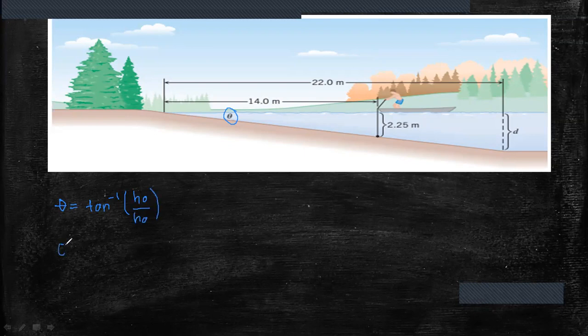Substituting the values, we have theta is equal to arctangent of opposite side 2.25 meters over 14 meters. Therefore, angle theta is equal to 9.13 degrees.